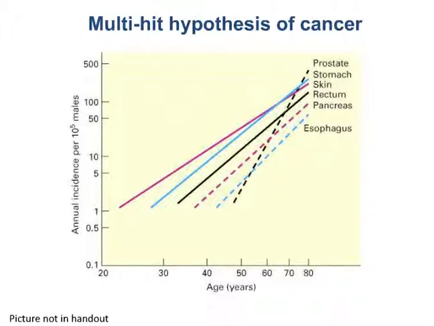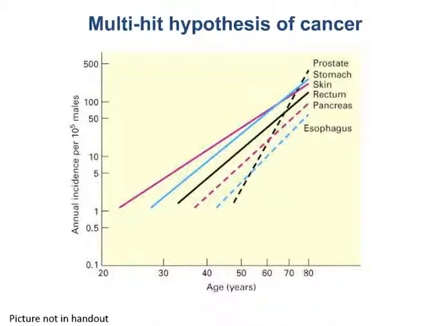Epidemiological data support the idea that most cancers adhere to the multi-hit hypothesis. That is, a single cell must receive a series of mutational events in order to become malignant or cancerous. This graph illustrates the annual incidence of certain forms of cancers in males by age group.